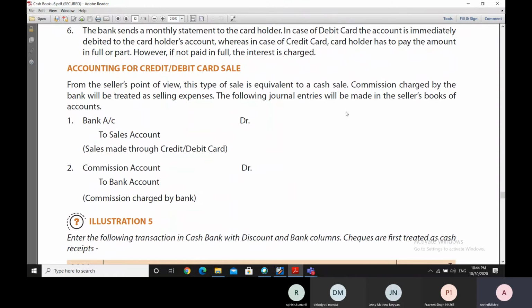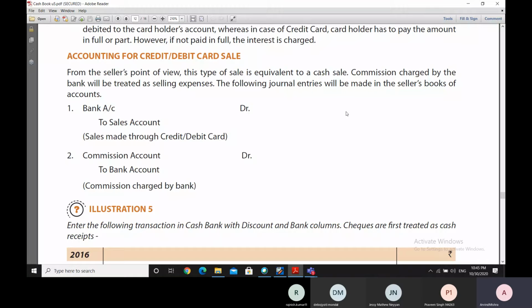Now, how do we do the accounting for the credit and debit card sale? In the seller's books, this type of sale is equivalent to a cash sale. So the commission which is charged by the bank will be treated as a selling expenditure.